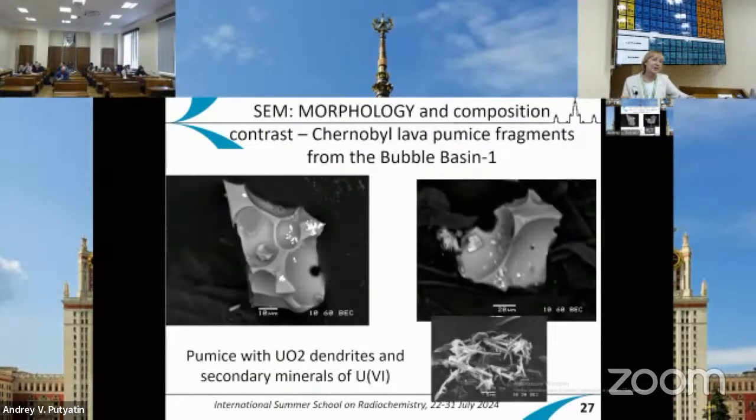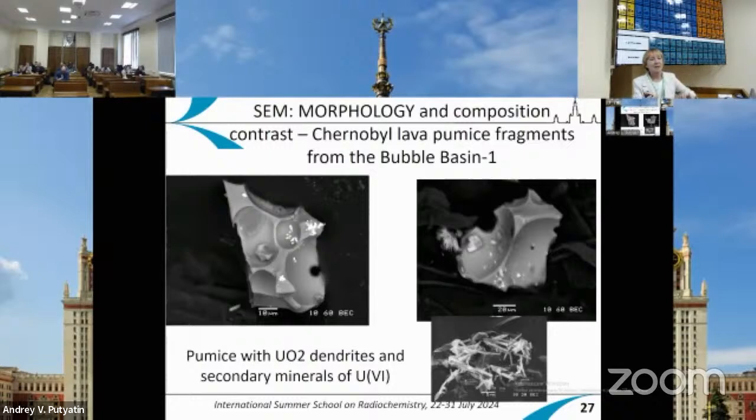And this is another example of morphology of Chernobyl lava pumice fragments. Chernobyl lava is uranium-zirconium containing silicate matter, which flowed to the different floors of the former reactor.